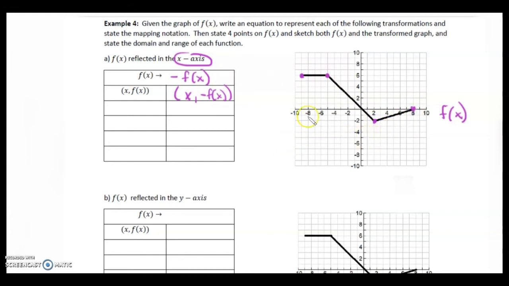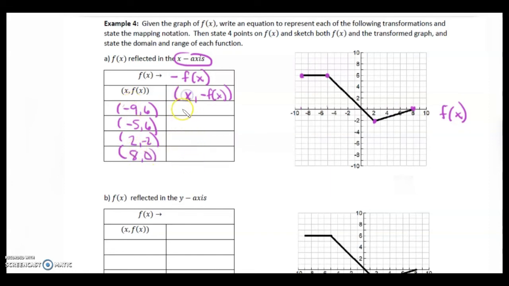I'm going to choose 4 points on the graph. I would always choose turnaround points: -9, 6, -5, 6, 2, -2, and 8, 0.